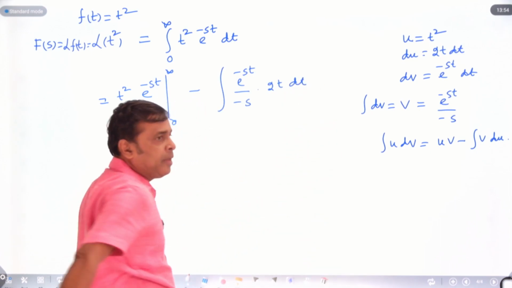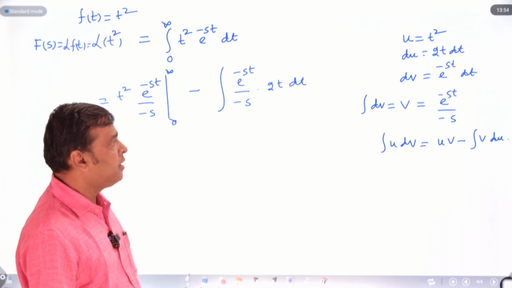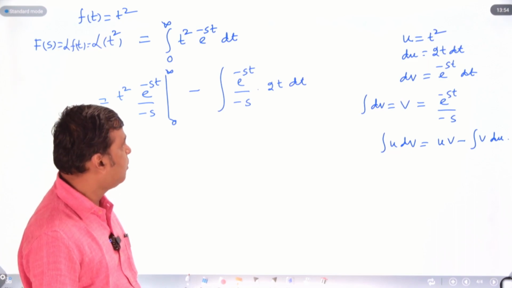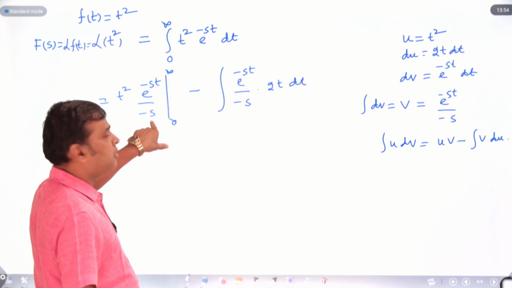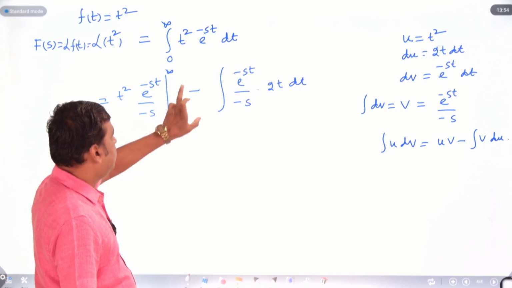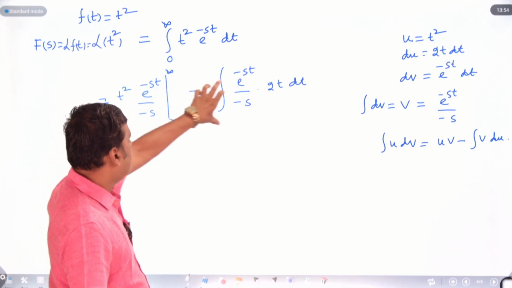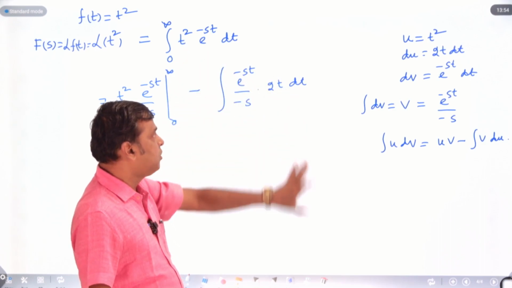This is the rule of integration by parts: first function into integration of second, minus integration of second into differentiation of first. So u is t square, v is e to the power minus st by minus s, we put the limits 0 to infinity, minus v into du, where the differentiation of t square is 2t dt.